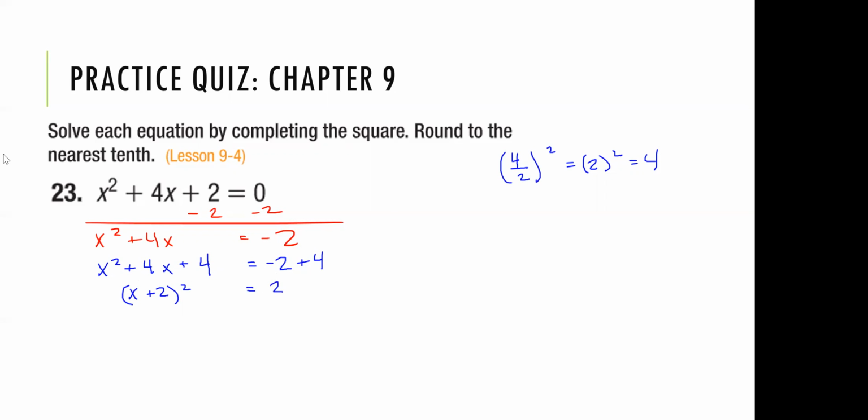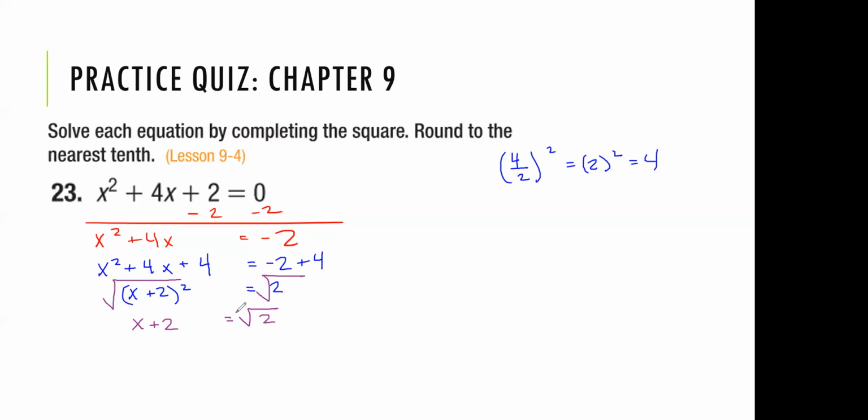Now I have x plus 2 squared, but I just want to know what x is, right? So I take the square root of both sides. The square root of x plus 2 squared is x plus 2, and it equals the square root of 2.